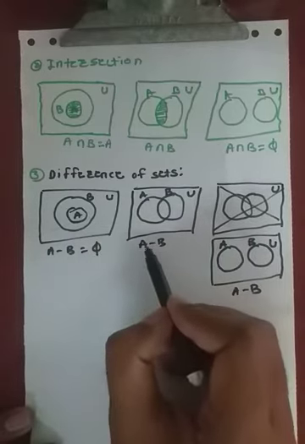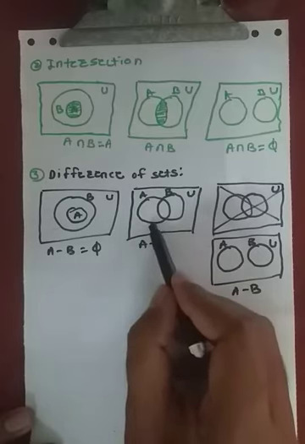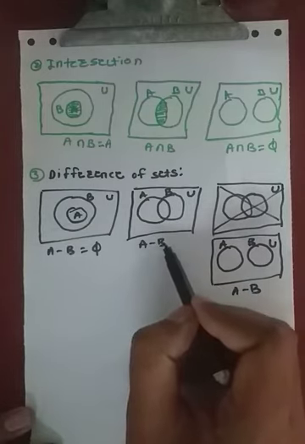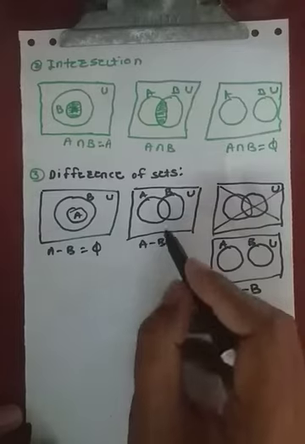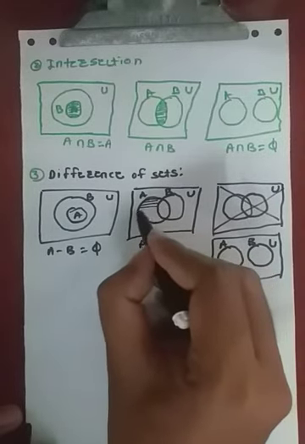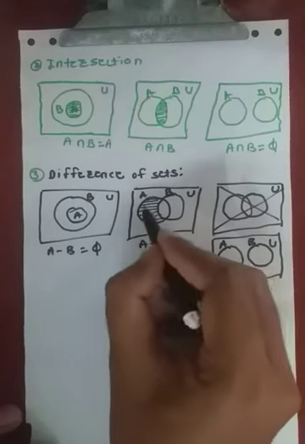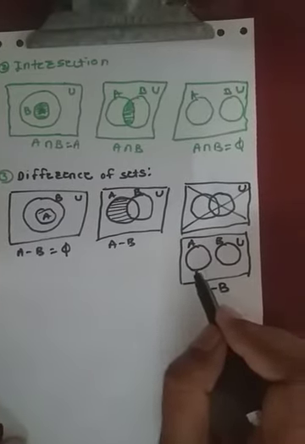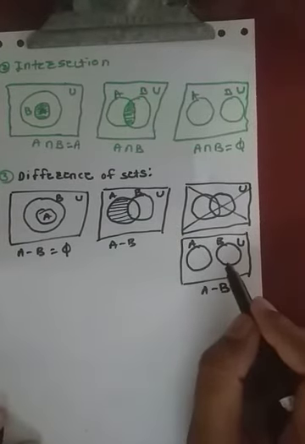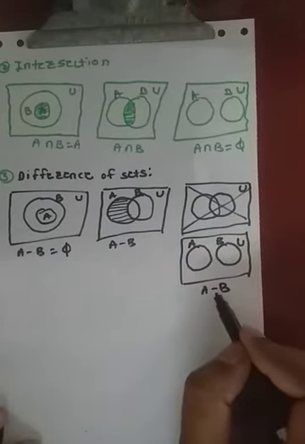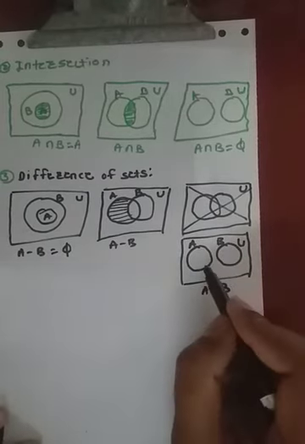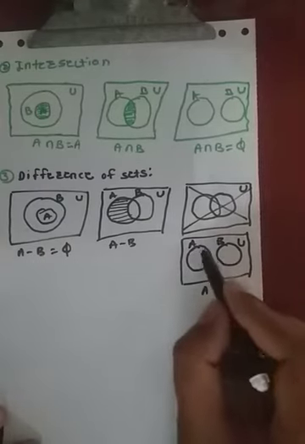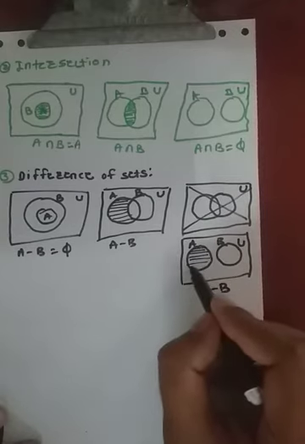In second case, that is A is not subset of B or B is not subset of A, A minus B, that is A difference B, is nothing but this portion, that is B is subtracted from A, and this shaded portion is the output of A minus B. Then third case, in which A and B are disjoint, then A minus B, that is subtract B from A, but there is no common element from A and B, so A will be as it is.